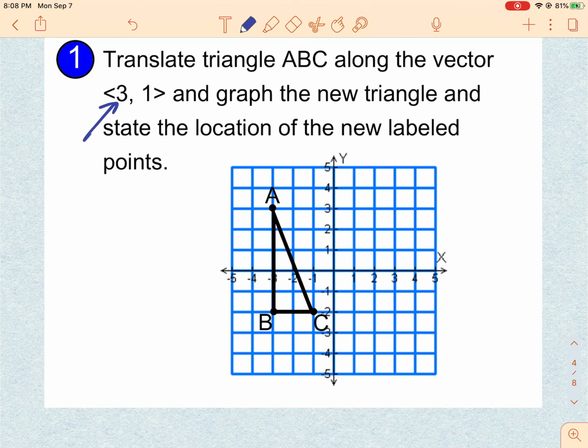Because it's a positive, it's going right. The second one is up and down. Since it's a positive, we're moving it up. So we're taking this whole triangle, moving it 3 units to the right and 1 up. So let's see what that would look like.